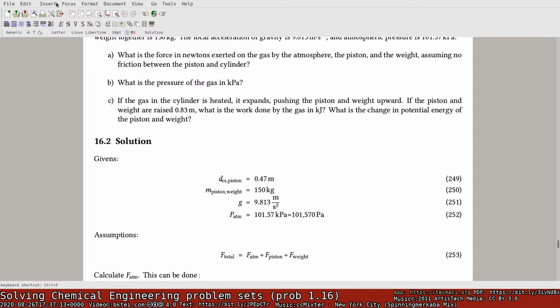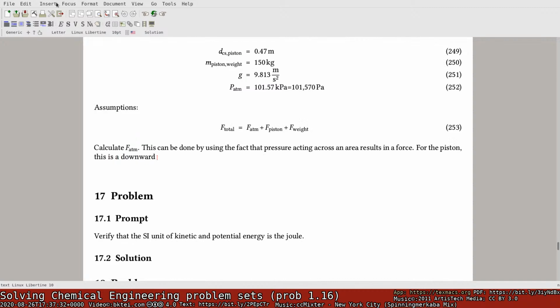This can be done by using the fact that pressure acting across an area results in a force. For the piston, this is a downward force acting along with the force of gravity. Downward force.